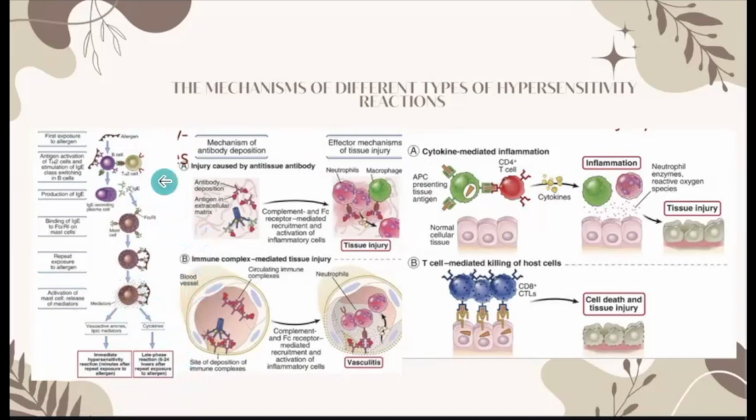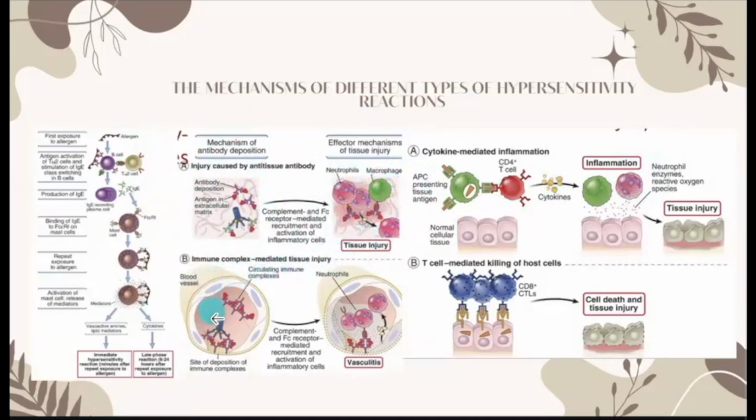Type 2 and type 3 hypersensitivity are similar in the sense that they are caused by IgG and IgM, but differ in that type 2 happens when antibodies bind directly to a target antigen on the surface of cells, leading to the cell becoming a target for other immune cells or the complement system.